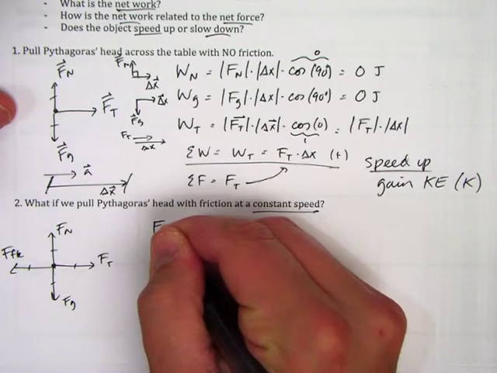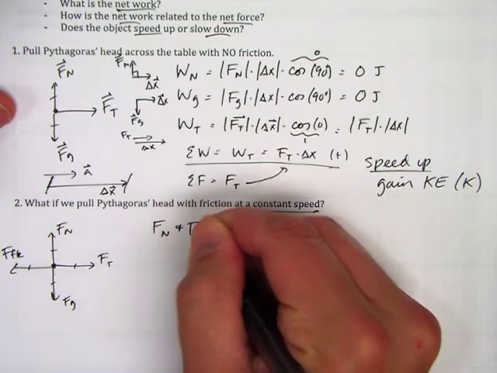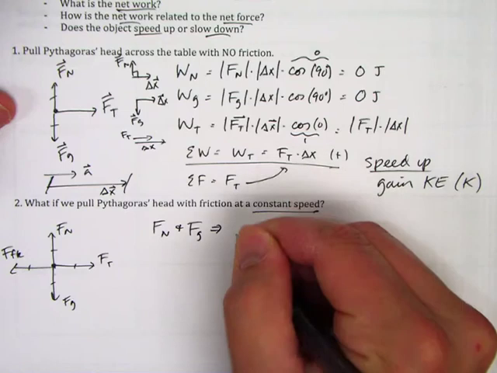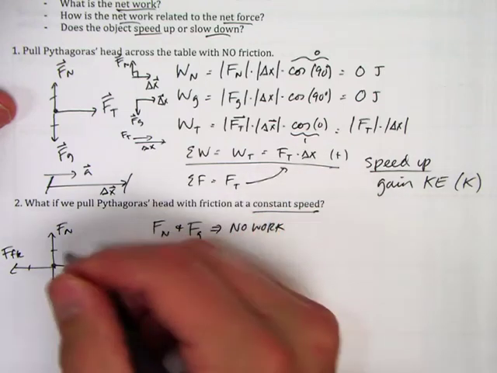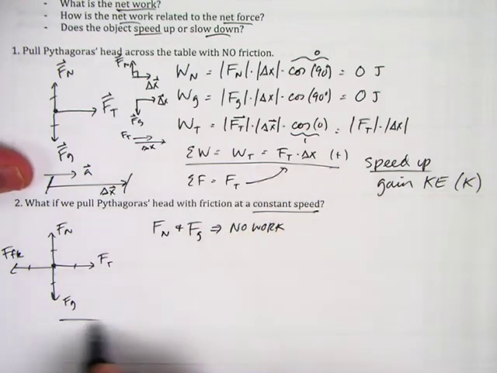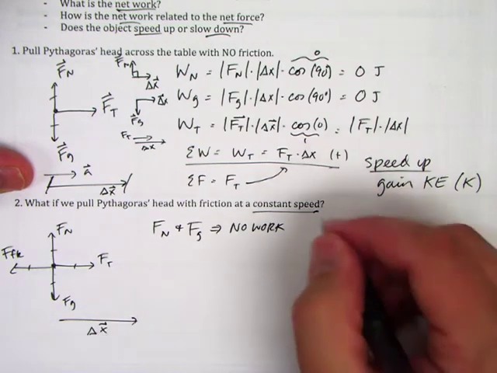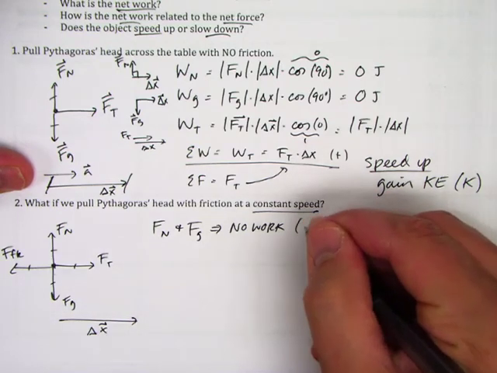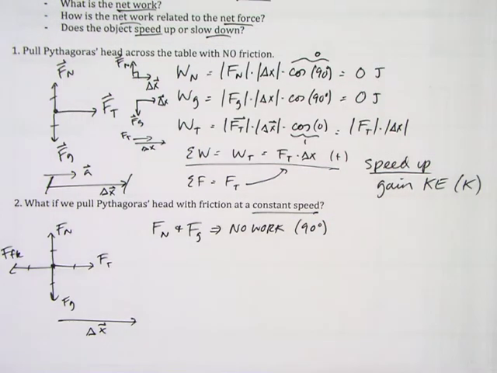So just as in the problem before, the normal force and force of gravity do no work, because they're at right angles to the displacement. Constant speed, still moving in the same direction as before, no work because they're at a 90-degree angle to the displacement.